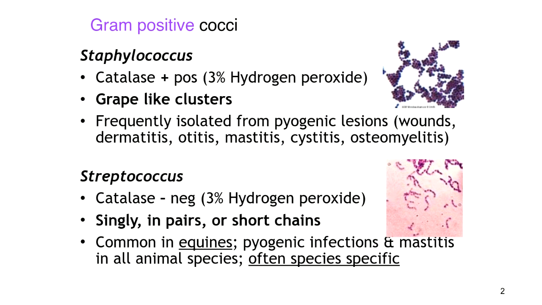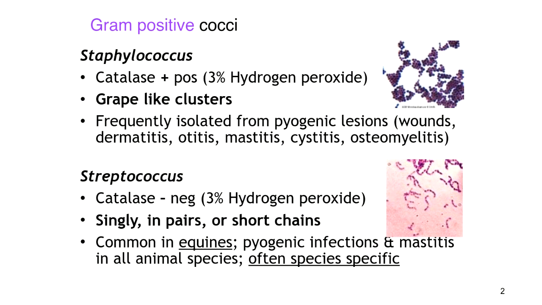These are also isolated quite often from pyogenic or infected lesions, wounds, such as also dermatitis issues, otitis issues, mastitis, cystitis, and osteomyelitis. Now, if you don't know where all those inflammations are, ITIS, go to your medical terminology and figure out what dermatitis, otitis, mastitis, cystitis, and osteomyelitis are.